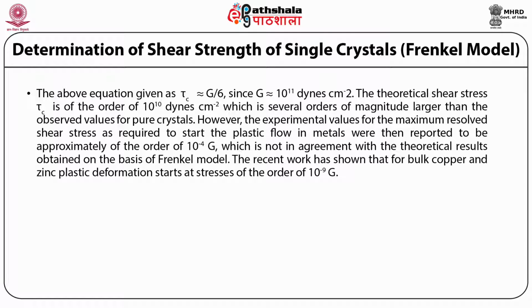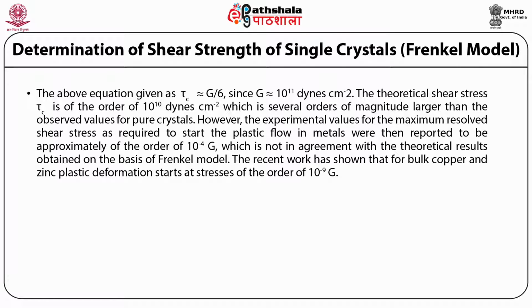However, the experimental values for the maximum resolved shear stress required to start plastic flow in metals were reported to be approximately of the order of 10 raised to power minus 4 G, which is not in agreement with the theoretical results obtained on the basis of the Frankel model.